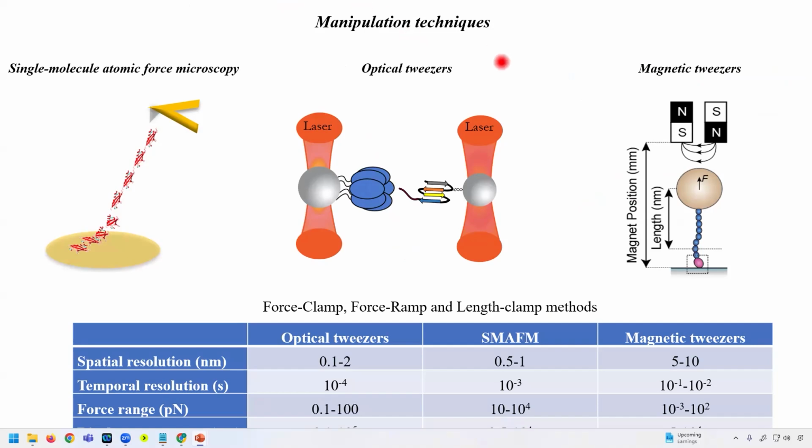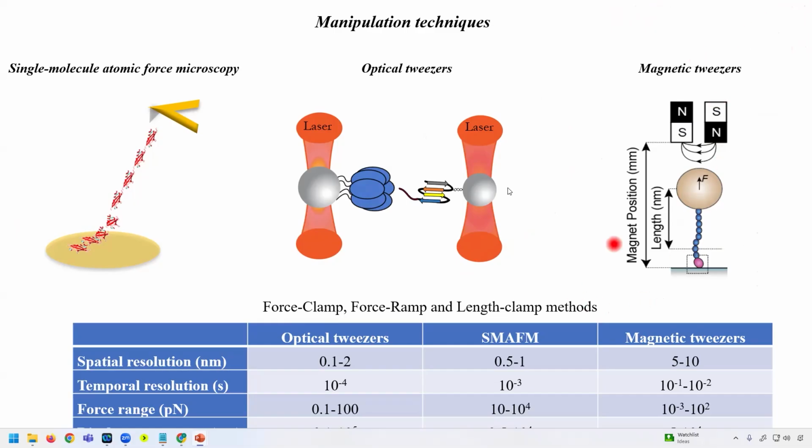Some of the commonly used ones are single molecule atomic force microscopy, optical tweezers and magnetic tweezers. All these are advanced single molecule biophysics techniques used to manipulate single molecules, and you can do a simple molecule or a biomolecule depending on what you want to change.